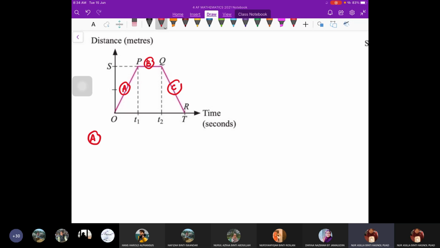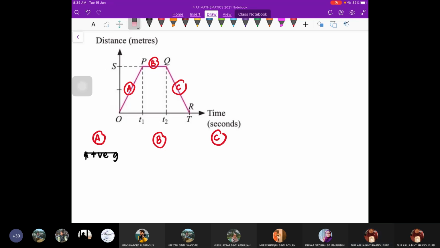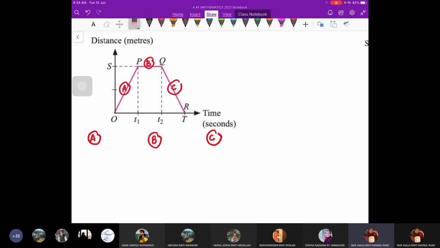A, B, and C. A, bila dia menaik, we can say it has a positive gradient. Why did it come like that? So A has a positive gradient.